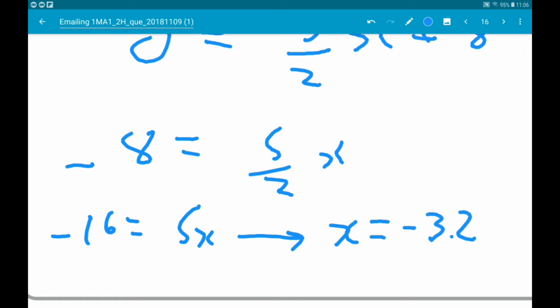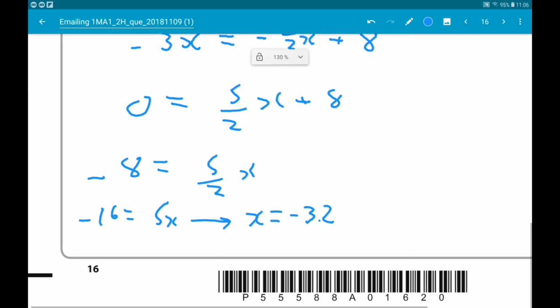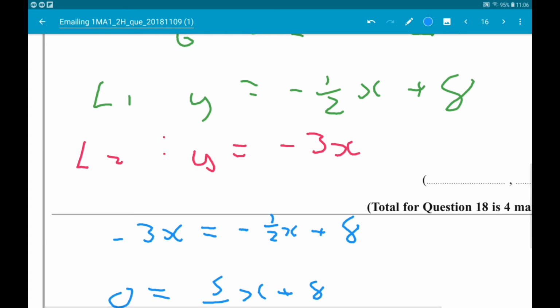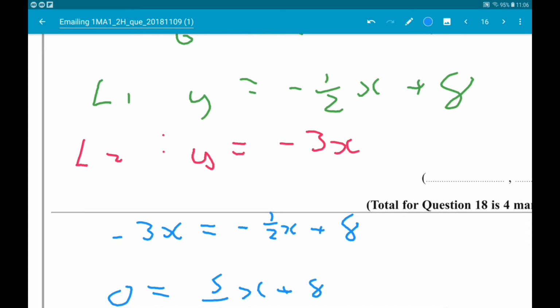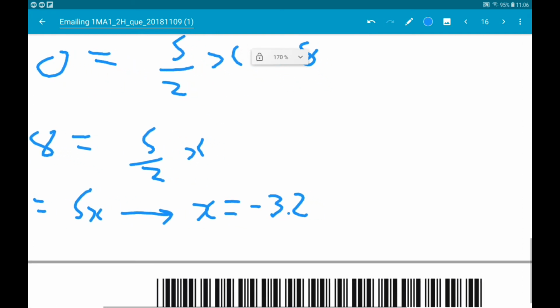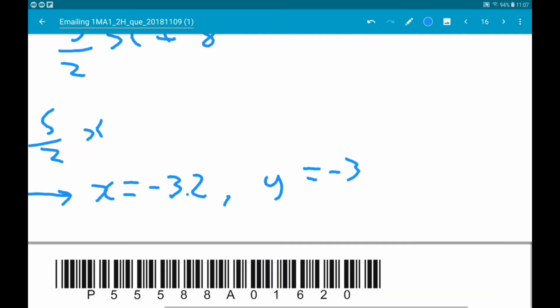Okay, so now that we know what x is, we can find y. Remember, y is minus 3x. So y is minus 3 times minus 3.2, which is minus 9.6.